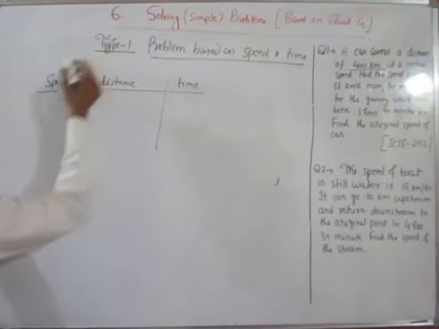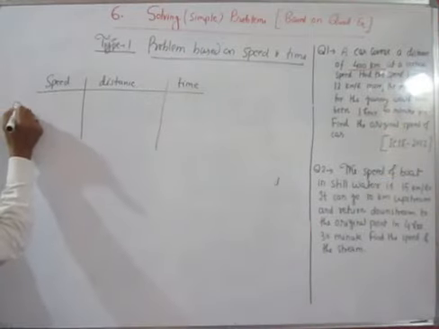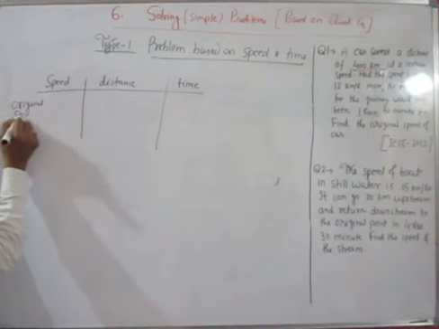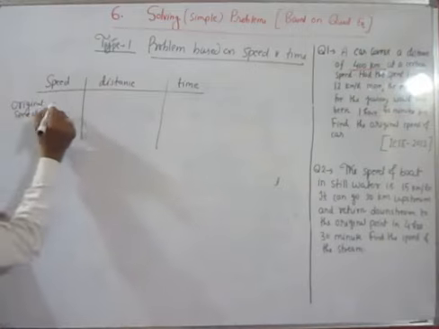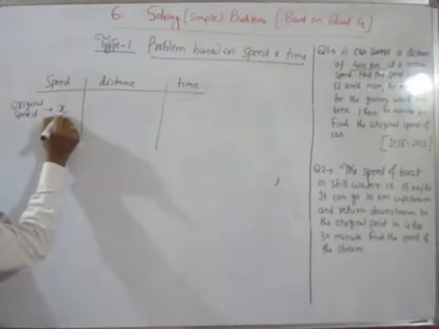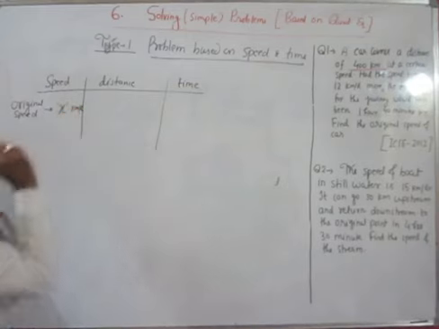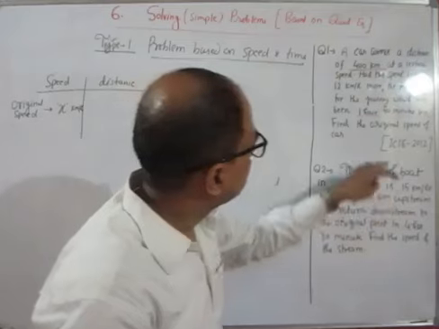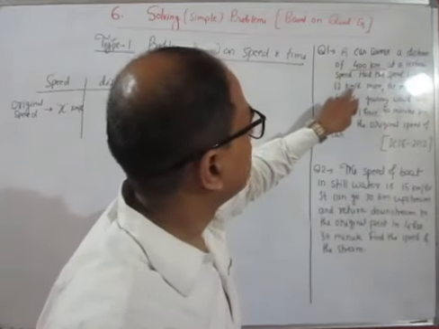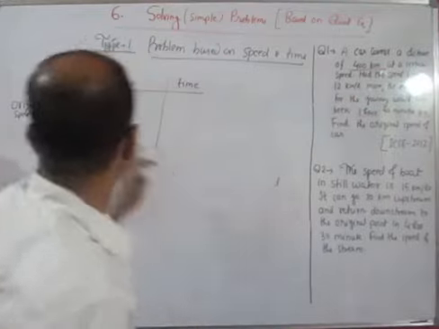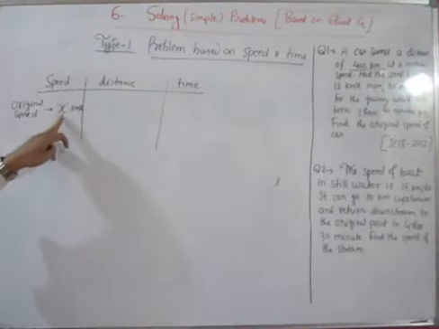So let the original speed be x, and let the unit be kilometer per hour. Why am I taking the unit kilometer per hour? Because in the question the unit for speed is given as kilometer per hour. So that's why I am taking the unit of speed as kilometer per hour.